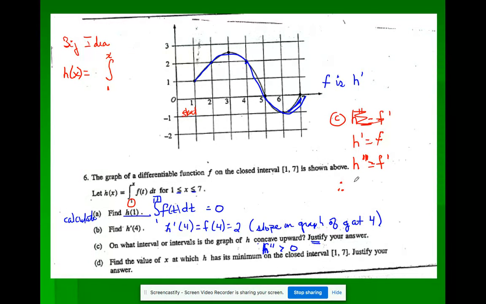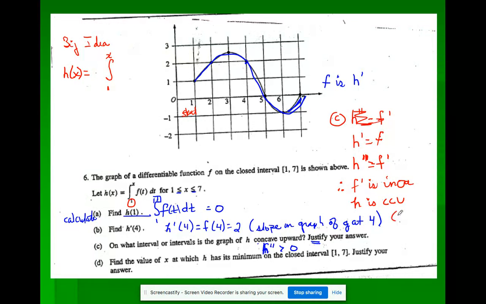when f prime is increasing, h is concave up. So where am I increasing? Where is the graph of the derivative increasing?